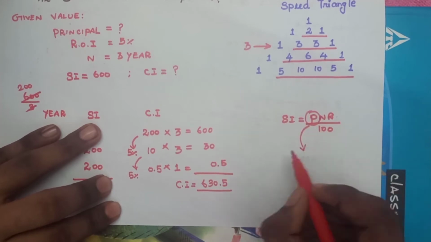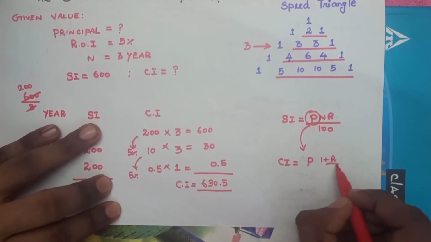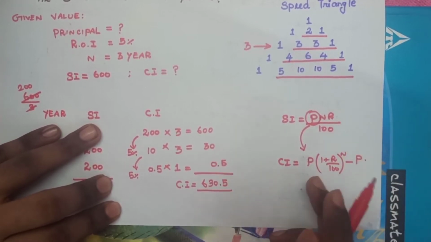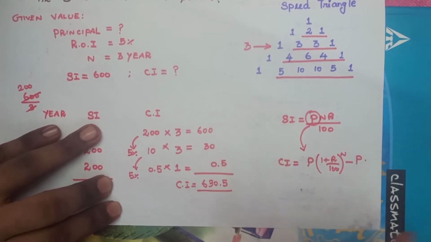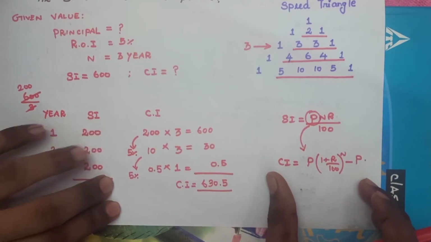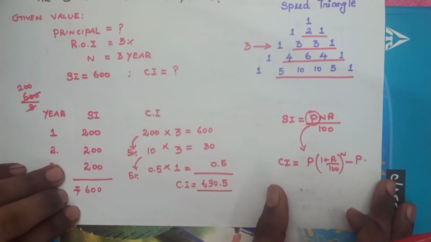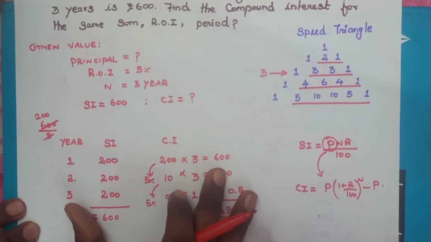Then apply it in the compound interest formula, P of 1 plus R by 100 whole power N minus P, and you can easily find the compound interest here, right? And it will take more time compared to this method. Obviously in a competitive examination, you have very minimum time to solve the problems. So this method will help you to solve this problem quickly.